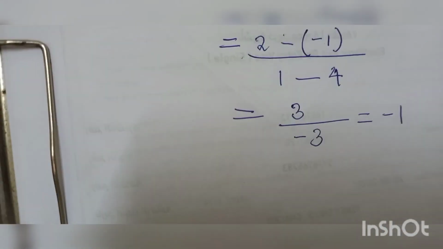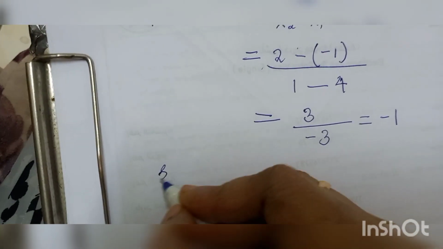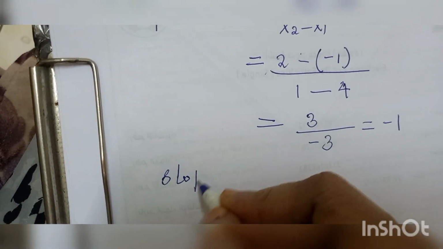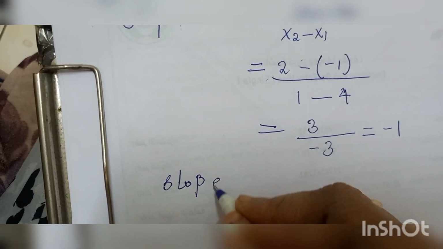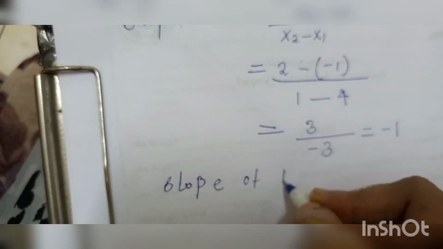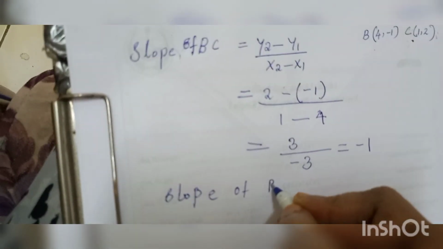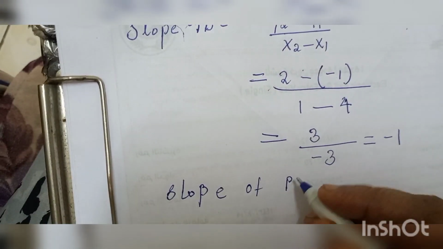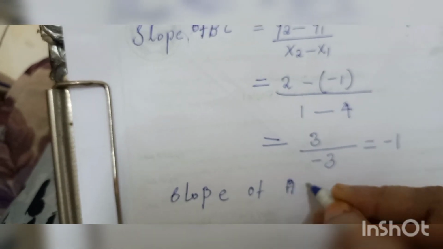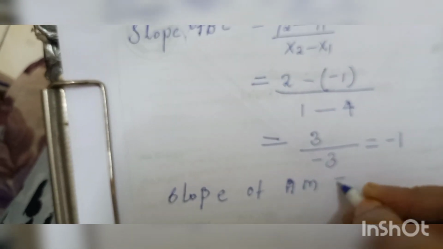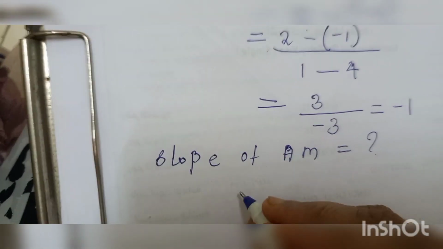Okay. Then the slope of BC is equal to -1, we already found. Then we have to find the slope of AM, which is equal to question mark.